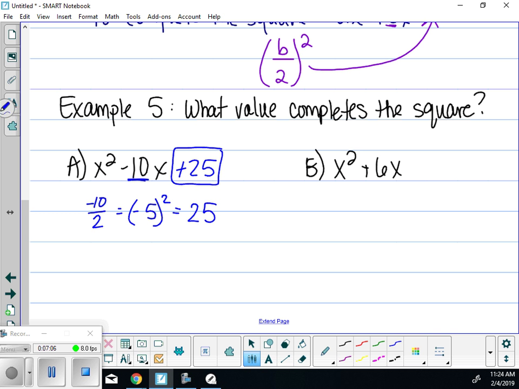It's that easy. So we look at the number in front of x, divide by 2, and square that. 3 times itself is 9, which completes the square.